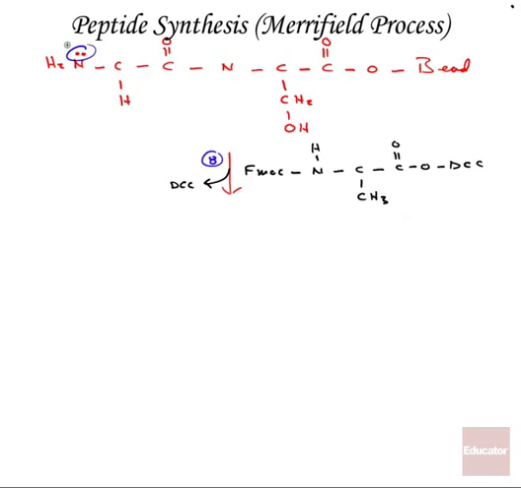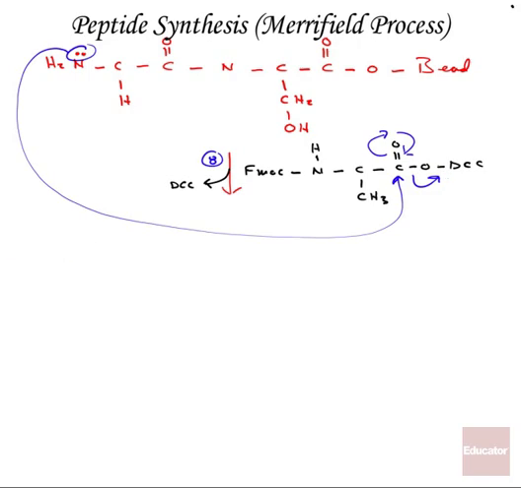This is where you have a complete understanding of the material. So these electrons come here, they attack that, these electrons go there, they fall back down, they kick off the DCC leaving group, and what you end up with is the following.